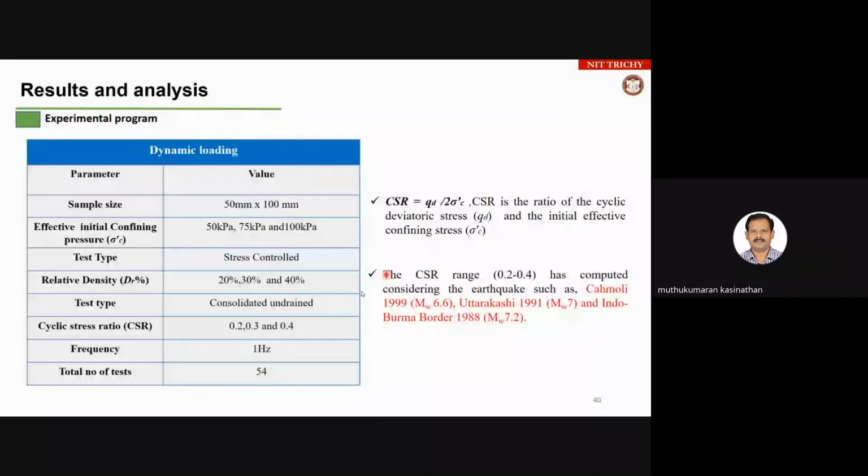7.2 magnitude earthquake. CSR, and the CSR we have taken from 0.2, the so-called very popular earthquake that occurred.